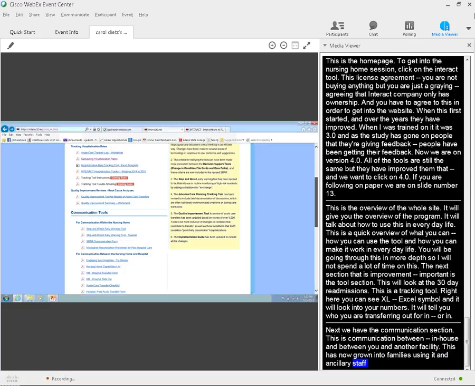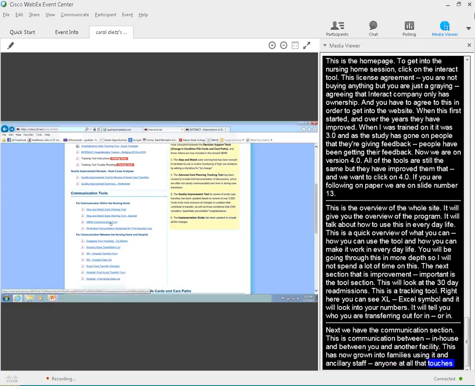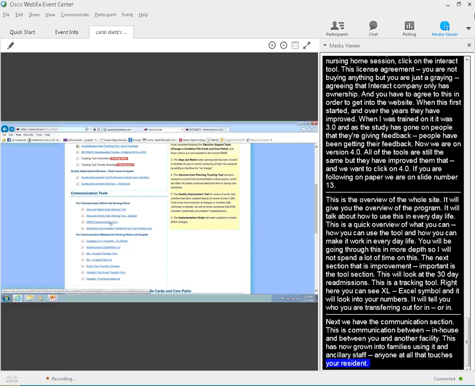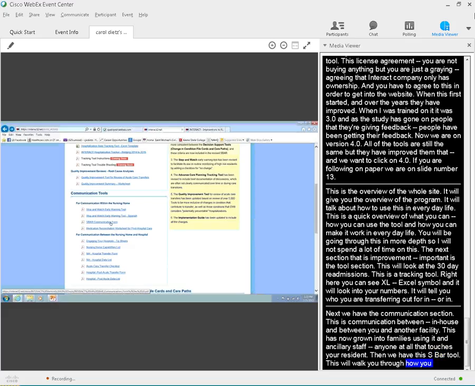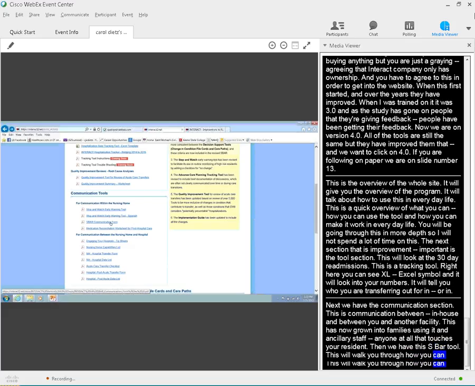Then we have the SBAR tool, which is a clinical tool for communicating change in residents. This really walks you through how to present the changes to a clinician, and at the very end of it, it talks about what it is exactly you're looking for from the doctor.